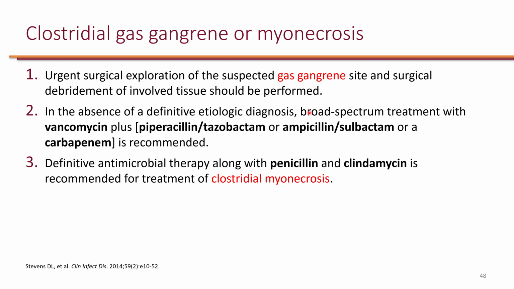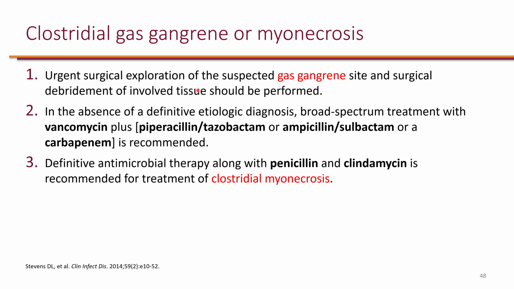And here are recommendations for clostridial gas gangrene or myonecrosis. The difference between necrotizing fasciitis and gas gangrene is that necrotizing fasciitis is essentially driven by streptococci and gas gangrene by clostridial species, so Clostridium perfringens.